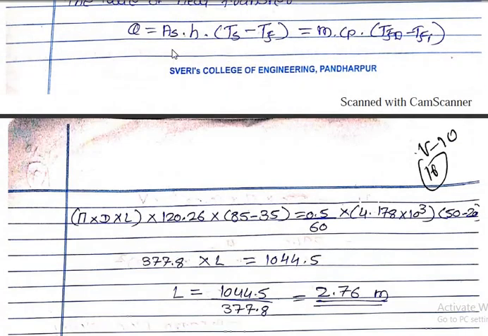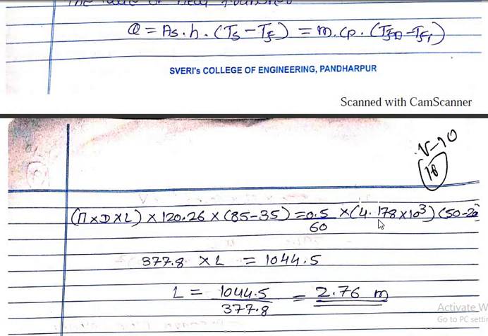We know that A suffix S is the heat transfer surface area. So the surface area will be pi d l for the tube. So pi d l as surface area multiplied by h, the average heat transfer coefficient we have calculated, 120.26, into the surface temperature 85 minus the average fluid temperature 35, is equal to mass flow rate 0.5 divided by 60 multiplied by the Cp value, 4.178 kilojoule per kg Kelvin.